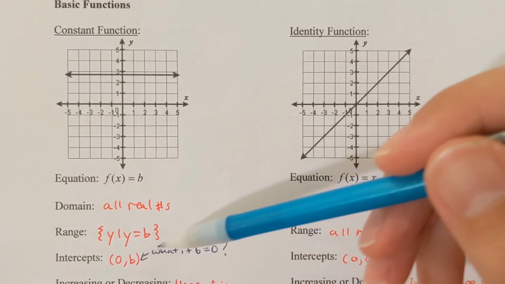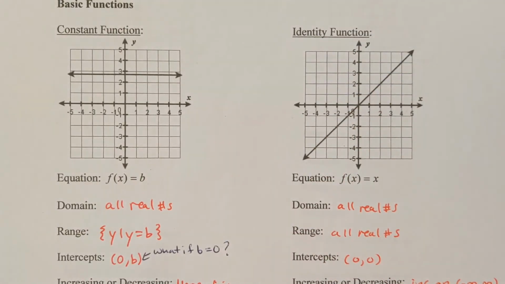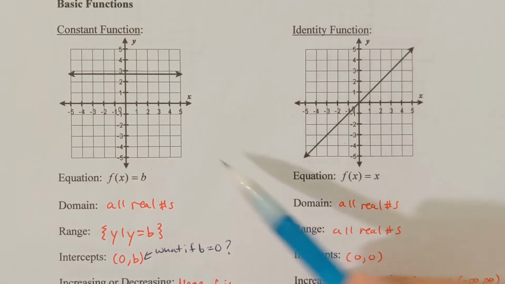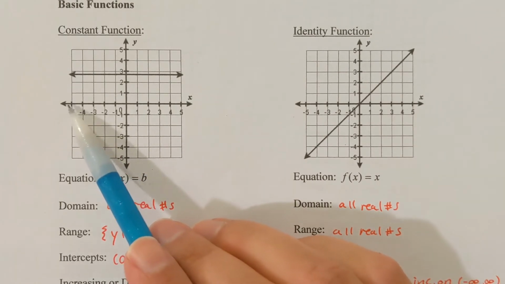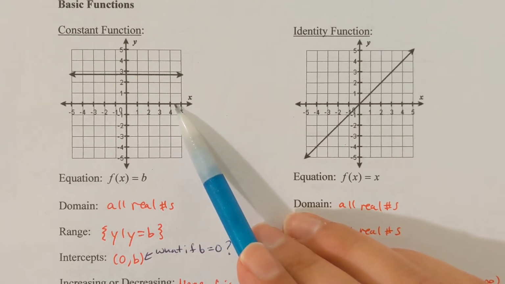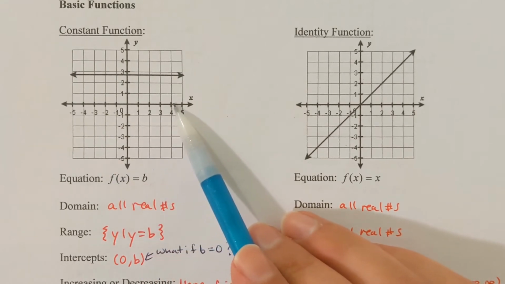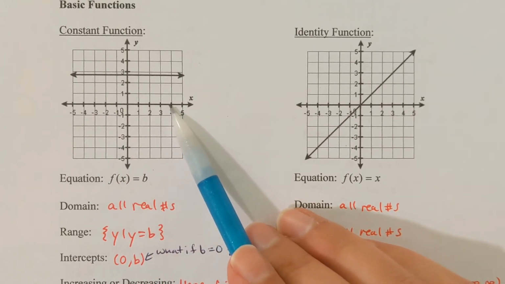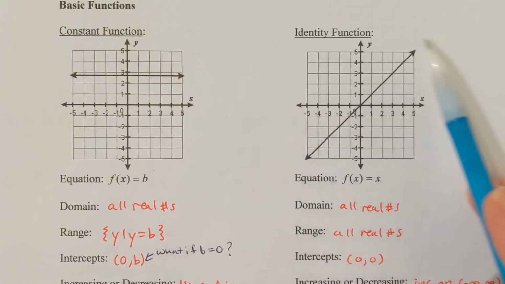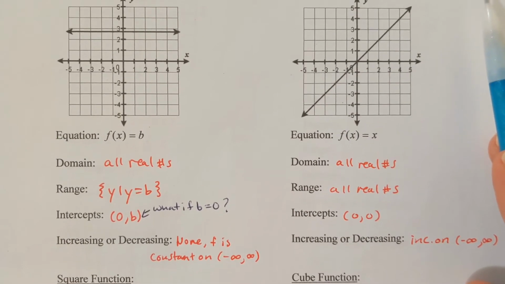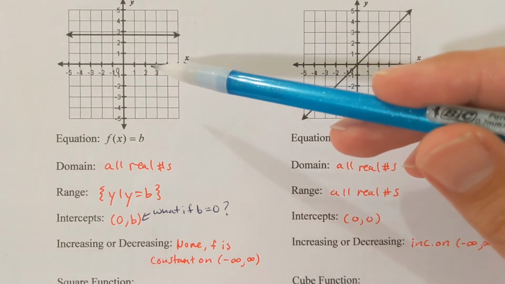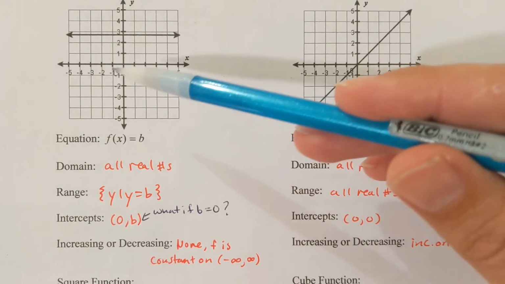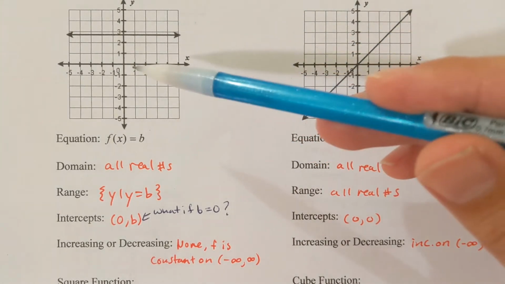The intercept is (0, b). Wherever I draw this line is going to be the one and only intercept, except if I draw the line on f of x equals 0. Y equals 0 would be a line right on the x-axis, and y equals 0 means that I've got the points (0, 0), (1, 0), (2, 0), (negative 1, 0), (negative 2, 0), (1 half, 0).